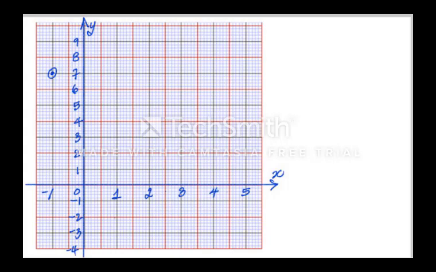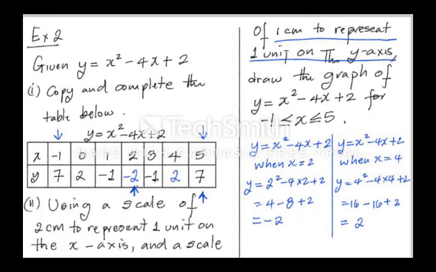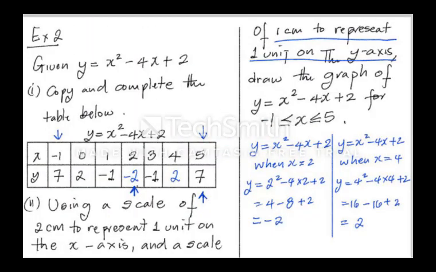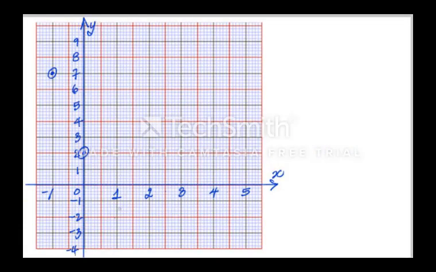The next point is 0, 2. So the y-axis is the line x is equal to 0, 0, 2 would put me here. Vertical 0, horizontal 2. The next point is 1 minus 1, which would put me about here.